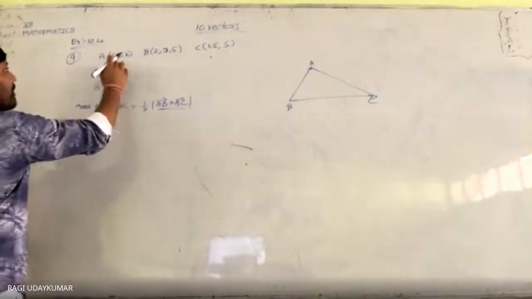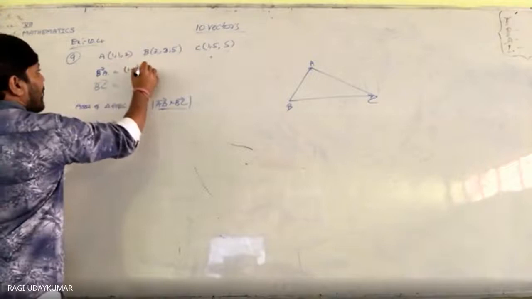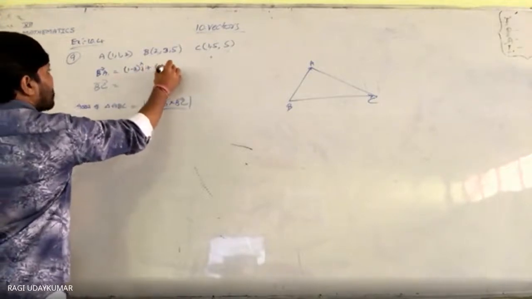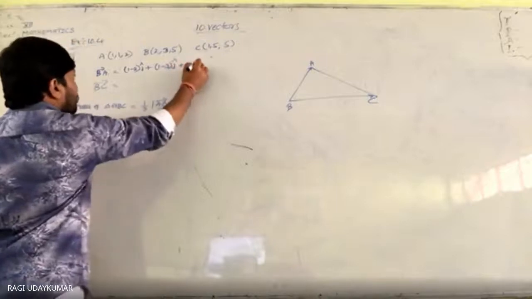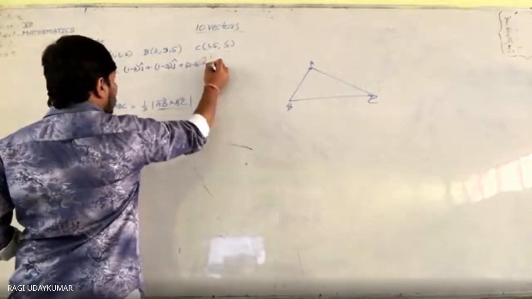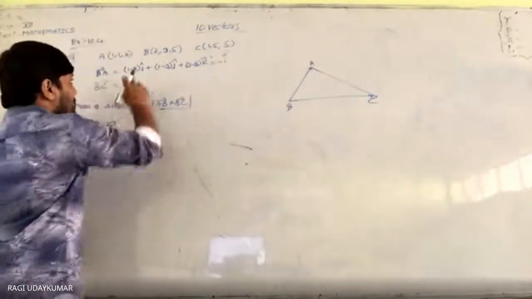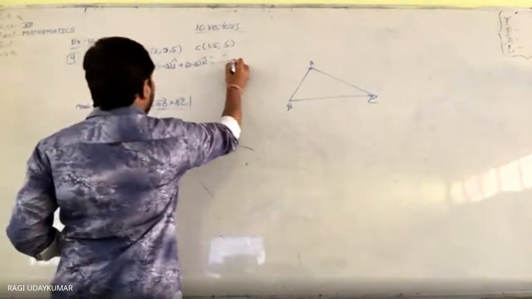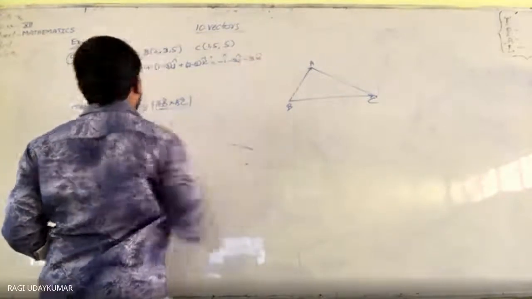BA is nothing but (1 minus 2) i plus (1 minus 3) j plus (2 minus 5) k, which is equal to minus i minus 2j minus 3k.